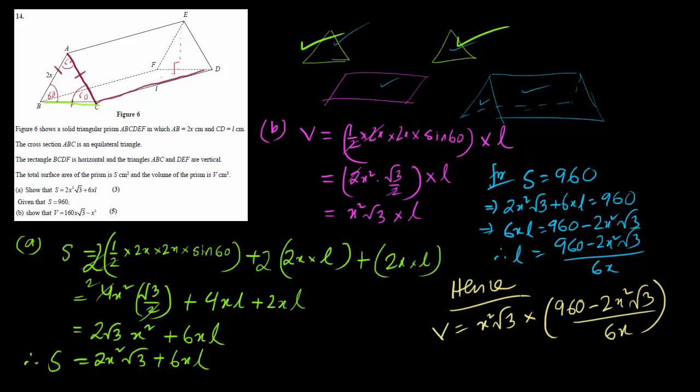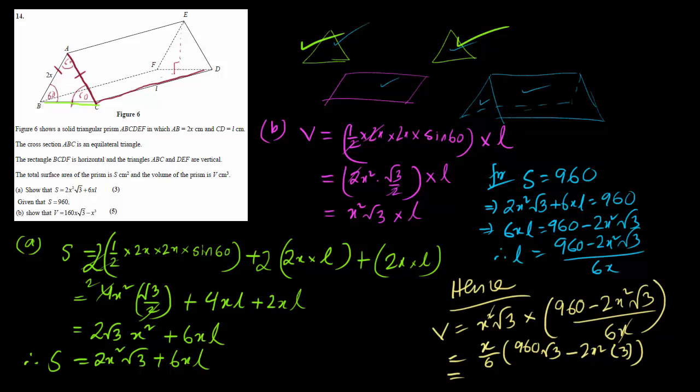Now we can cancel this x with this x squared, and then we can write it as x by 6, and let's multiply this square root of 3, and that would be 960 square root of 3 minus 2x squared square root of 3 into square root of 3, which is 3.